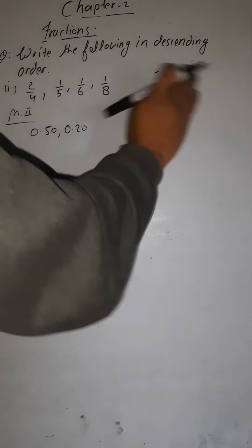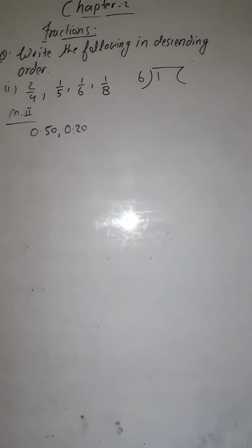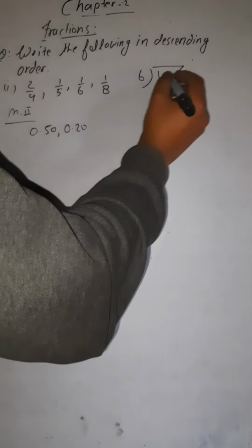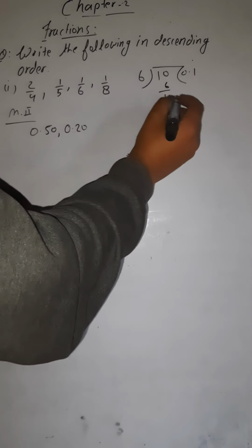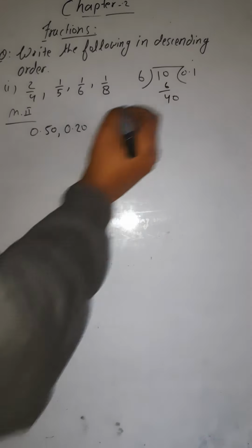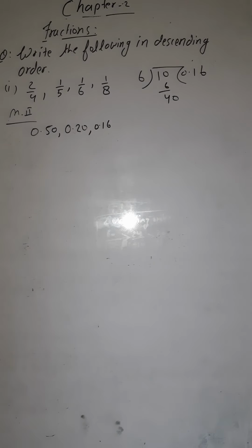Okay. Now in the next case, I am going to divide 1 by 6. This is 1 and this is 6. Not divisible. Put decimal. Then add 0. 6 times 1 is 6. 4 is the remainder. Then again put 0 here. 6 times 6 is 36. So 0.16 is the answer. Okay.